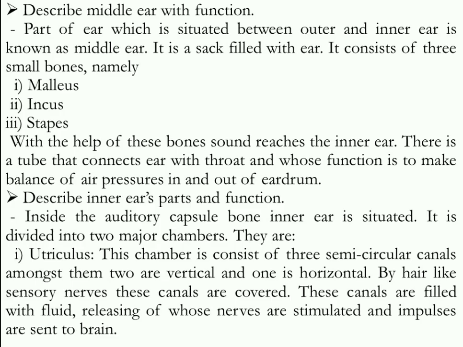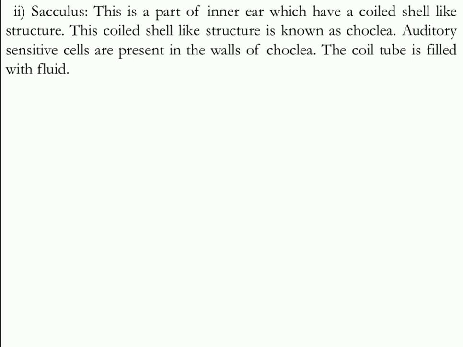Now let us know the second part of the inner ear, the second chamber, that is speculus. This is a part of the inner ear which has a coiled shell-like structure. You can easily see it in the figure of the inner ear.